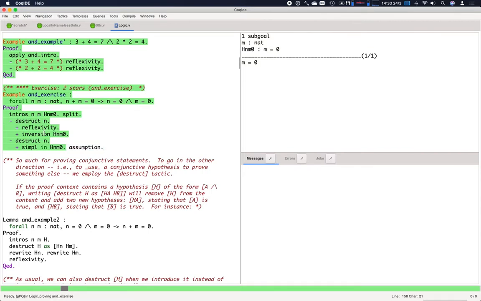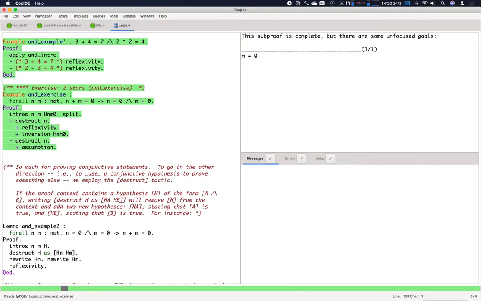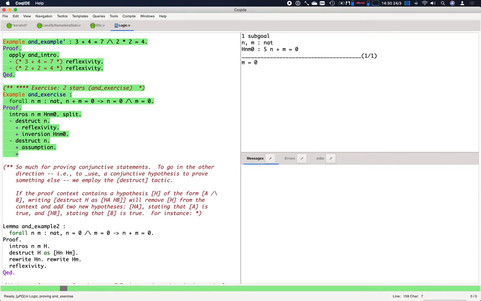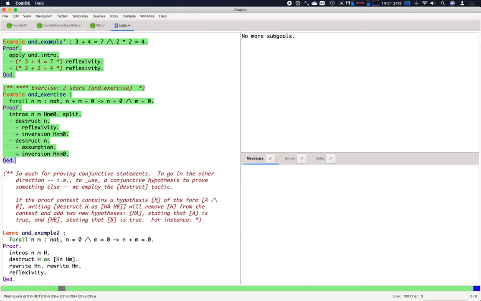Just as a side, it turns out that assumption will do some simplification for us as well, so we can just do assumption at that point. And the final one, again, we've got a contradiction in the top level there, so we can get rid of that, and that we're done.